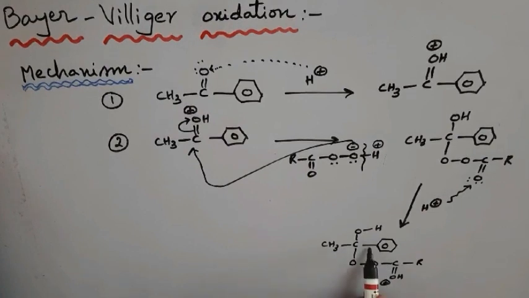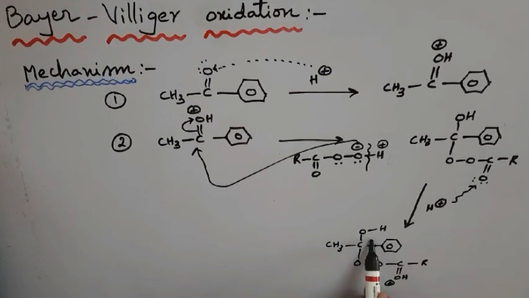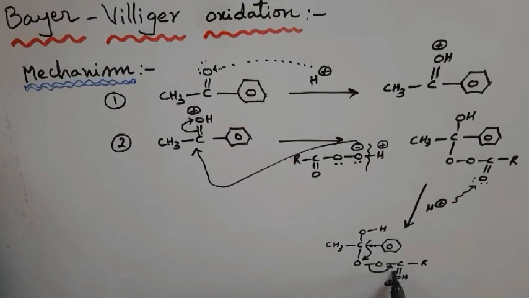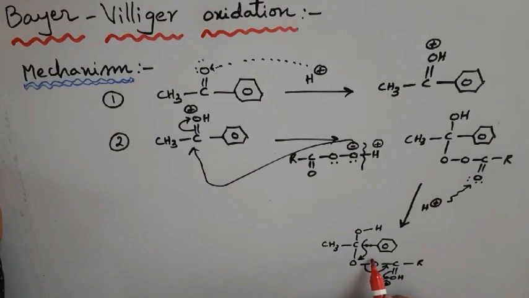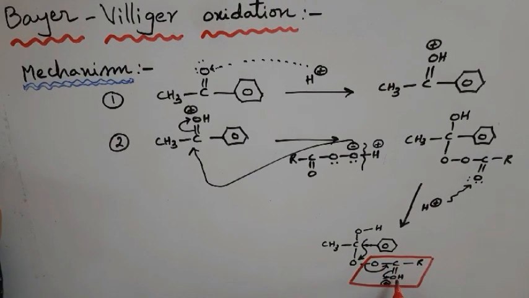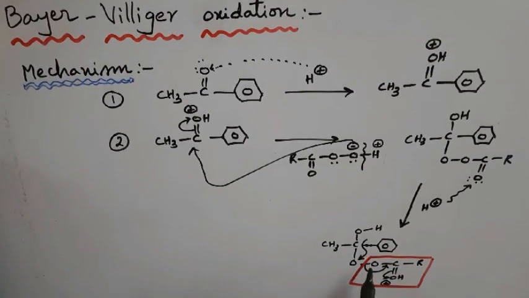Because this group has higher migratory aptitude, it comes and attacks this oxygen. This is the very crucial step. Immediately this bond migrates like this, and this bond moves onto oxygen to suppress the positive charge on oxygen. This is the carboxylic acid, RC double bond OH, that is eliminated. What is the residual species that I have got?